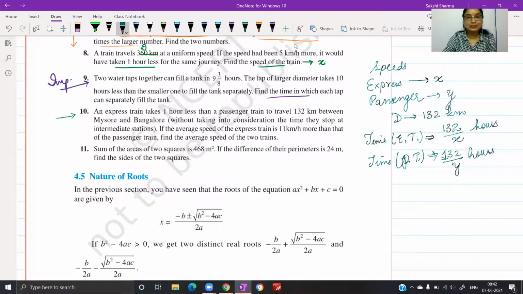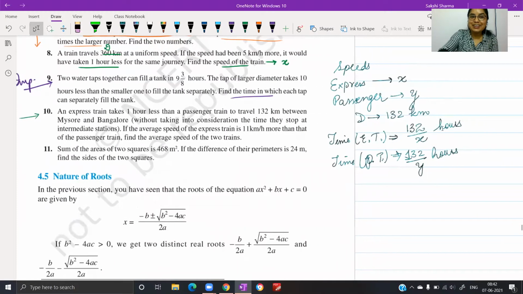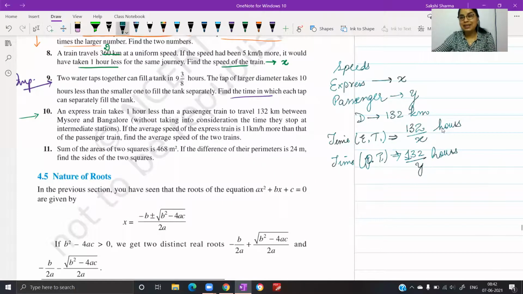Ma'am, we can also do it another way. You can do it with one variable directly.